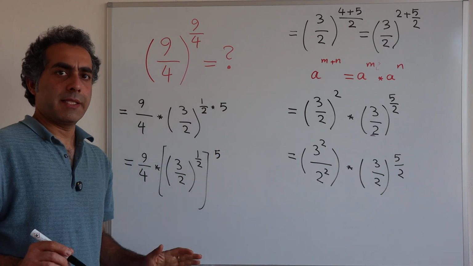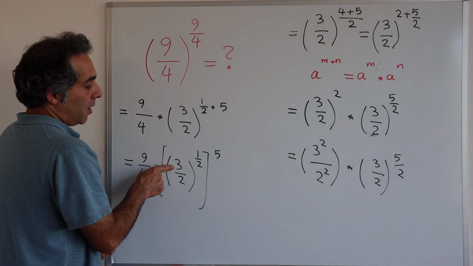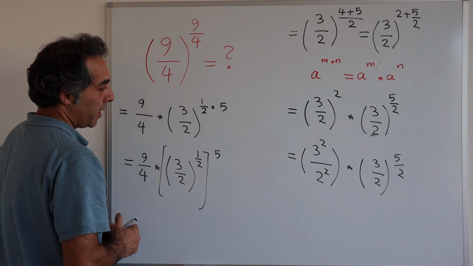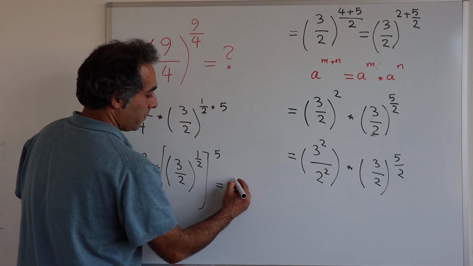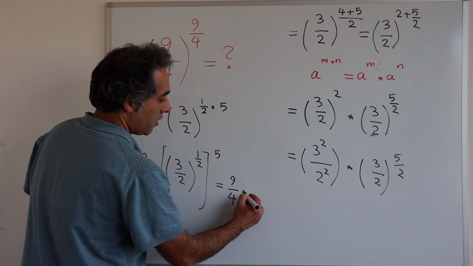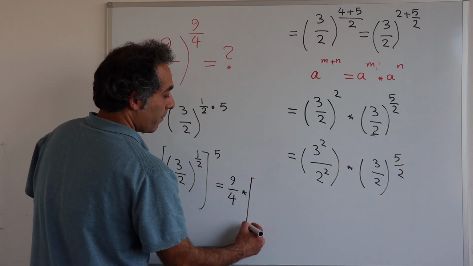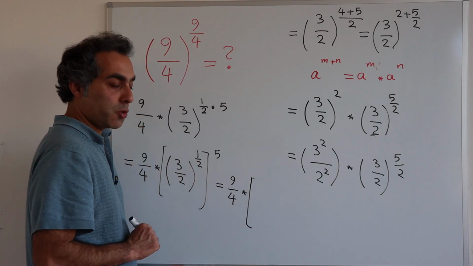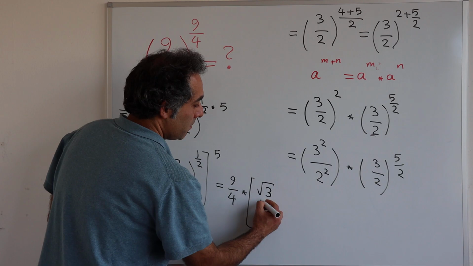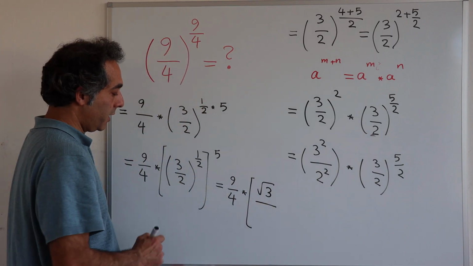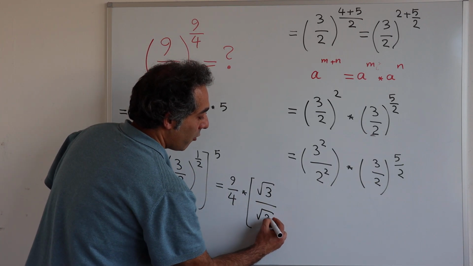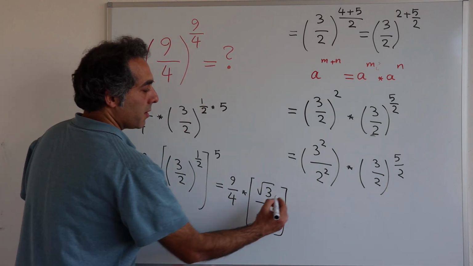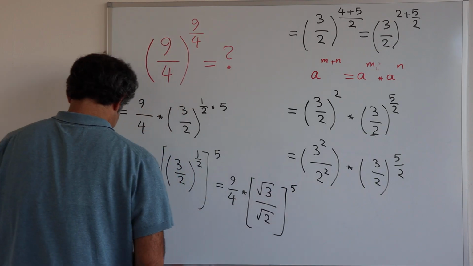Now it's very easy because you can apply this power to both numerator and denominator, which is 9 over 4 times 3 to the power of 1/2, which is square root of 3, and exactly the same for the denominator, both terms to the power of 5.